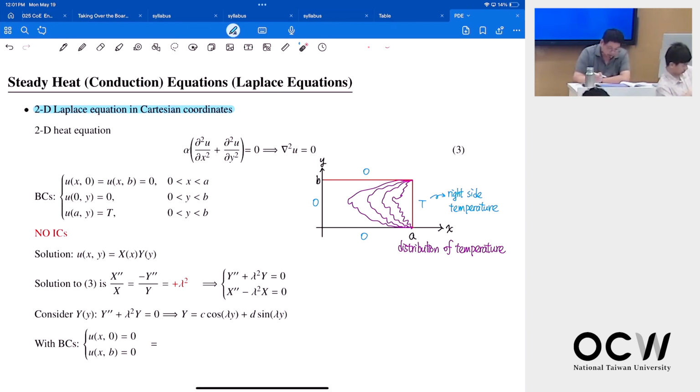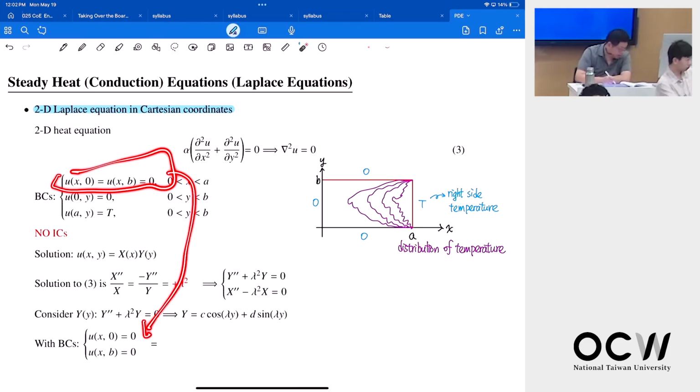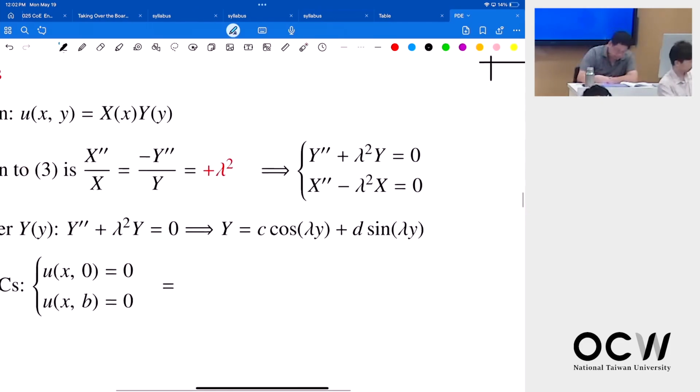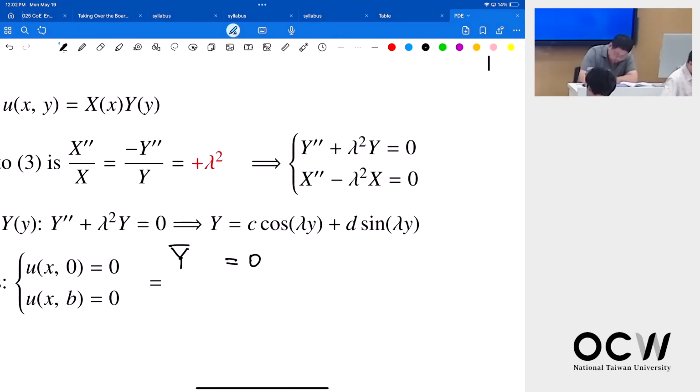So now consider the first one. Again, this will be the linear combination of sine and cosine, with coefficients. Then we can bring in the boundary conditions. The first boundary conditions: Y of 0 equals 0, Y of b equals 0.